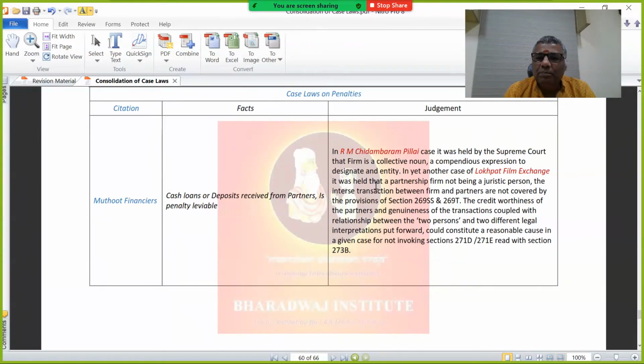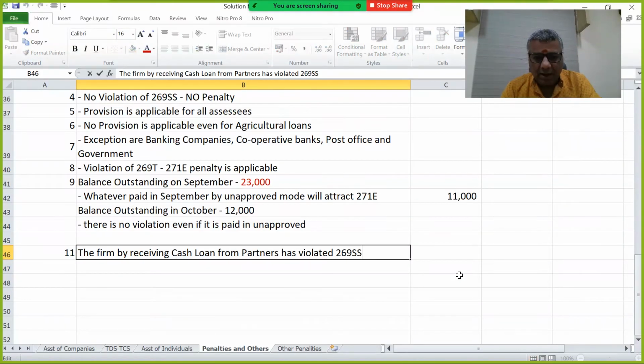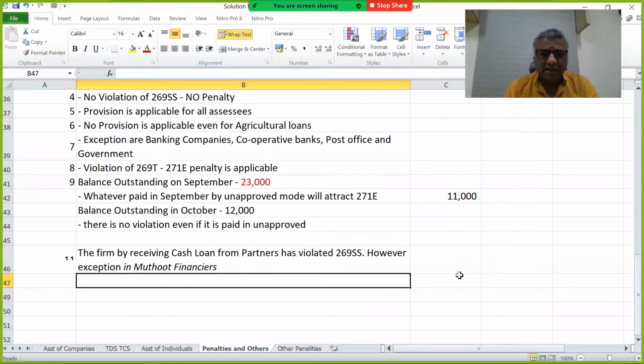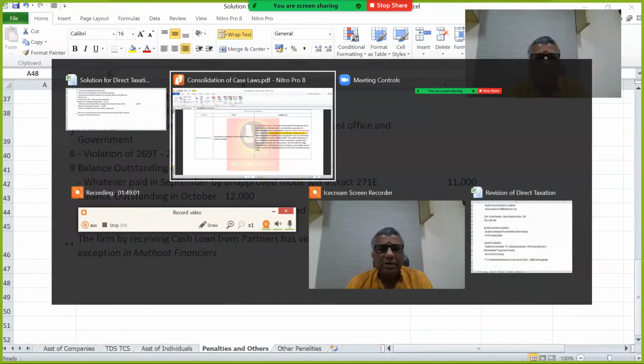It was held that a partnership firm, not being a juristic person, the transactions between firm and partner are not covered under sections 269SS and T. So there is an exception to this. However, I don't know whether it will stand, because we just saw that unexplained sources is not applicable. That was in one case. Please write the exception in Muthoot Financiers also in the examination.